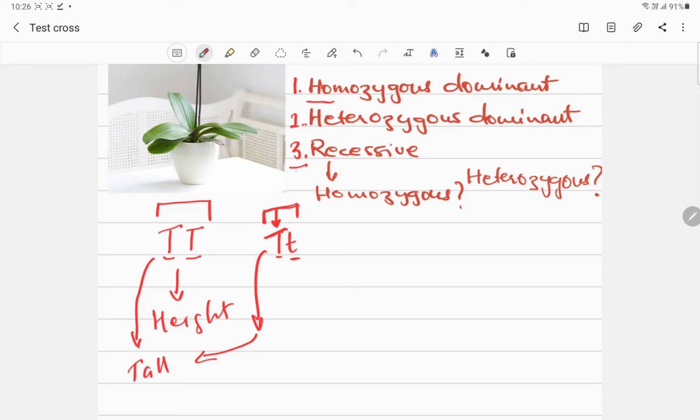Now we have the third condition, which is the recessive condition. Well, the recessive trait is only expressed in the homozygous state. I'm sorry, I'm taking a different letter. Let's use small t. If the plant has to be short, or let us assume dwarf, then it can only be dwarf if it has a pair of recessive alleles.